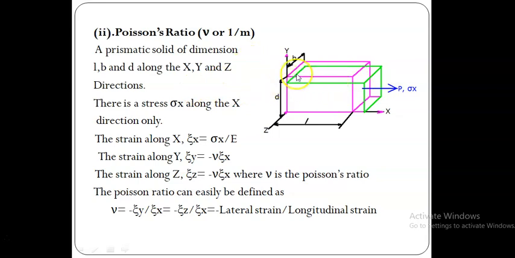For the Poisson ratio of a material, the symbol used is nu or 1 by m. Let us take a prismatic solid of dimensions L, B, D along the x, y and z directions.